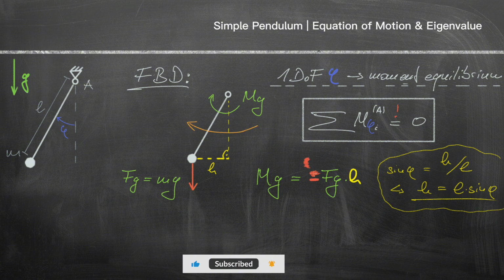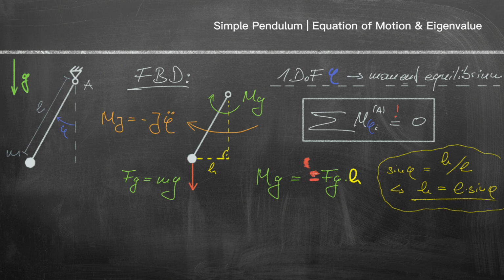Furthermore, we have another moment, which is the inertial moment according to Newton's second law. This is MJ is equal to minus J times phi double dot. The minus sign appears because if we accelerate the pendulum in the positive phi direction, the inertial moment acts in the negative direction, that is, opposite to the direction of acceleration.